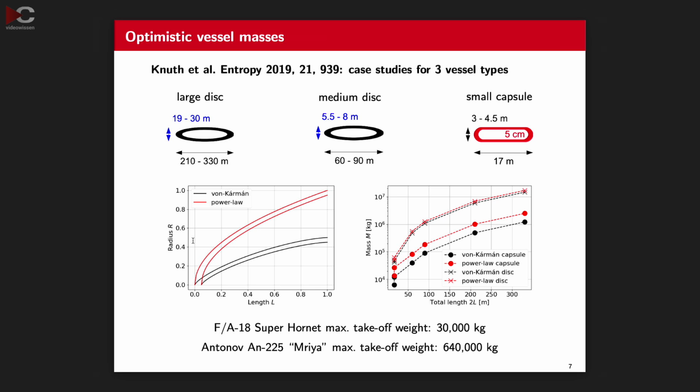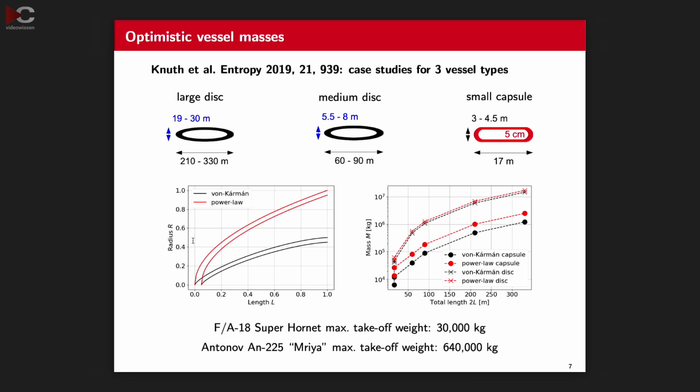And in this paper you can see that we have 3 different types of vessels which have been sighted. The first one is a large disk, which is estimated to have a diameter of 210 to 330 meters. Unfortunately, the witness did not give any hint what the height of this object is. Therefore, let's assume, just to get a ballpark number, that it's a very thin disk, such that we could estimate the height to be 90 to 30 meters.